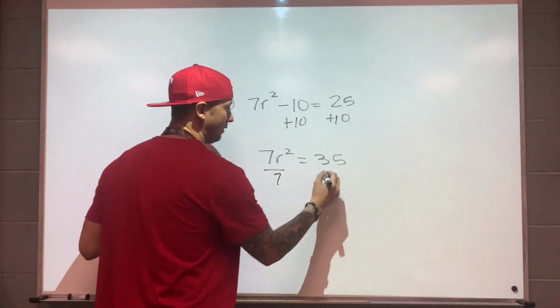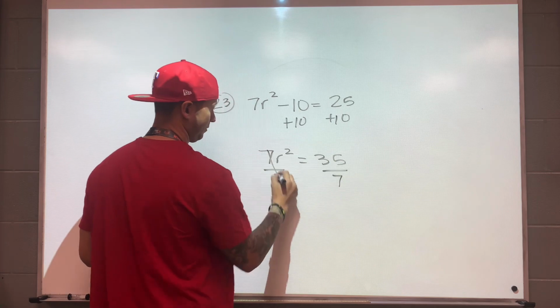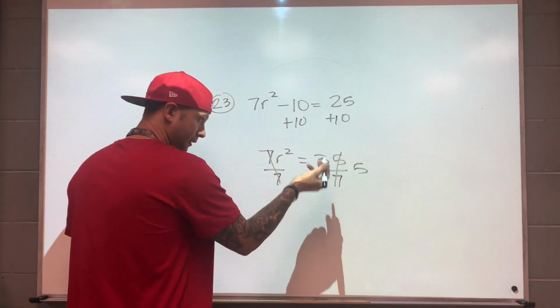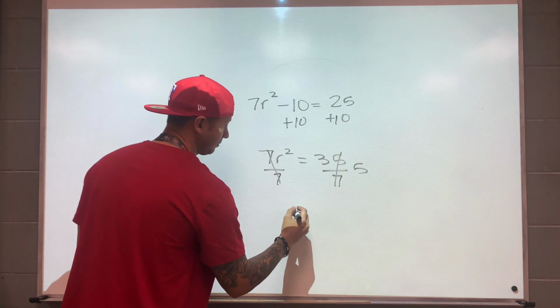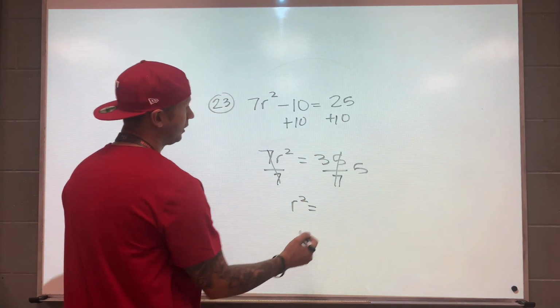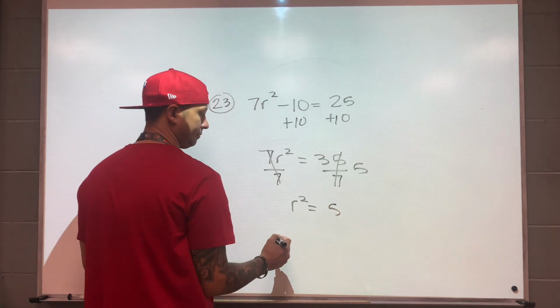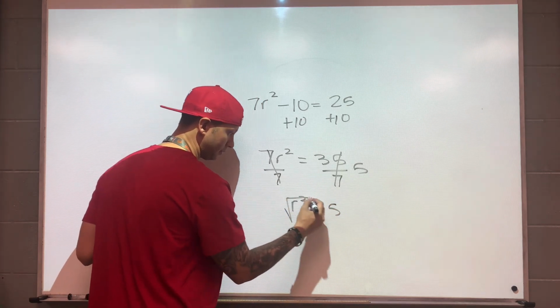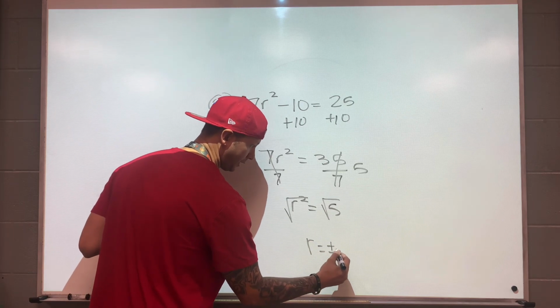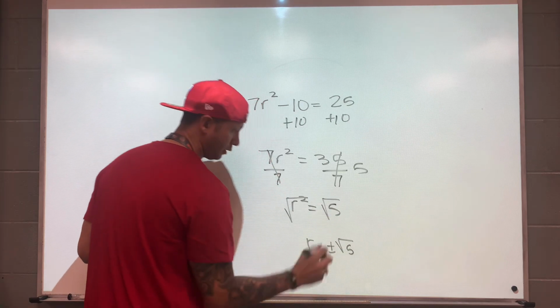Divide both sides by 7. 7 goes into 35 5 times. So r squared is equal to 5. Solving for r is equal to plus or minus root 5.